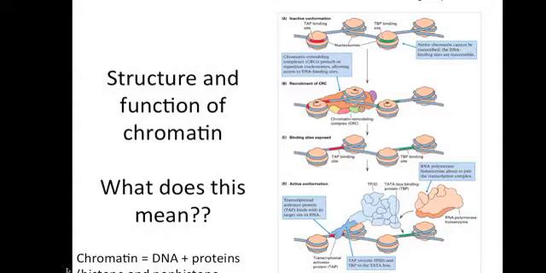What about, how does chromatin structure affect the function of mitosis? Is there anything that changes? Is there some kind of chromatin structure associated with mitosis? DNA is packed into chromosomes.